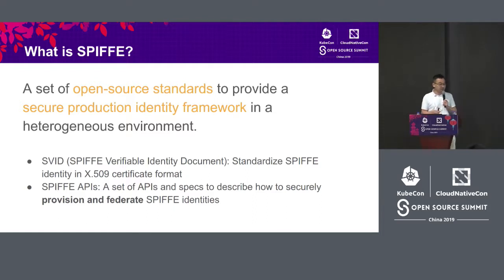First, SVID, that defines what a SPIFFE identity is and how a SPIFFE identity is presented in the X509 certificate. The second part is the SPIFFE APIs that describe how to securely provision a SPIFFE identity to each workload from a certificate authority. And if you have SPIFFE identities provisioned from different certificate authorities, how do we federate them so they can talk to each other?